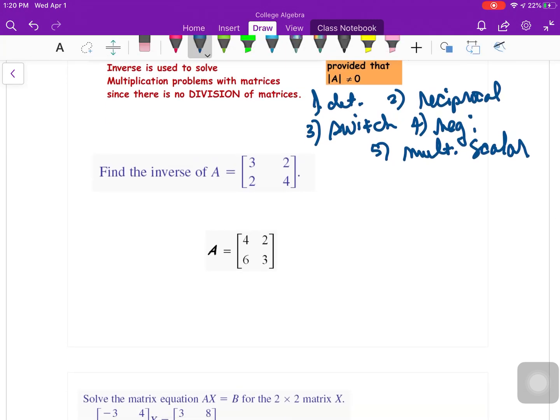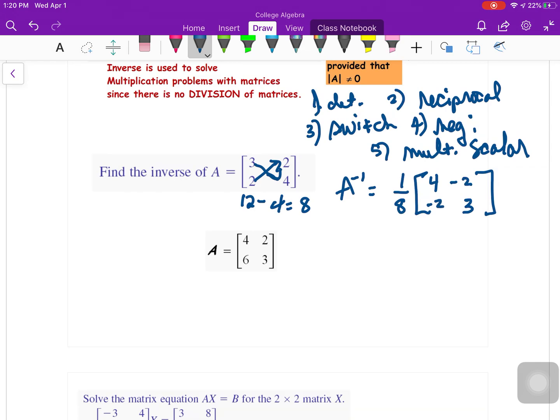Okay, so we're going to try this one. First, we need the determinant. That is 12 minus 4, which is 8. So the reciprocal of 8 is 1/8, times, I'm going to flip this first diagonal, so 4 and 3 flip, negate the second diagonal, so this is a -2 and a -2.